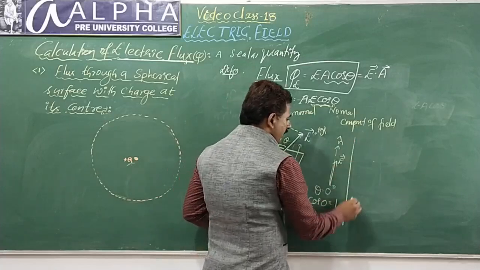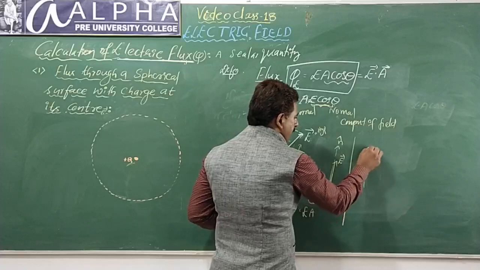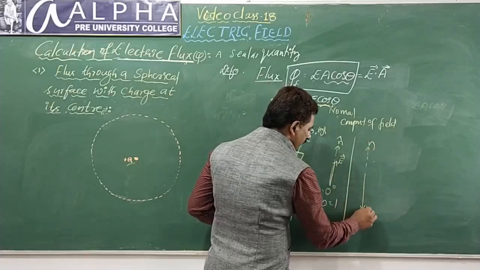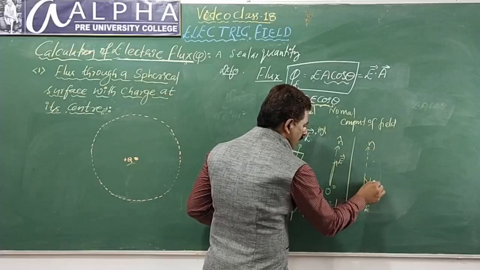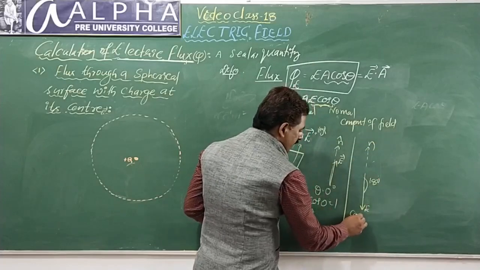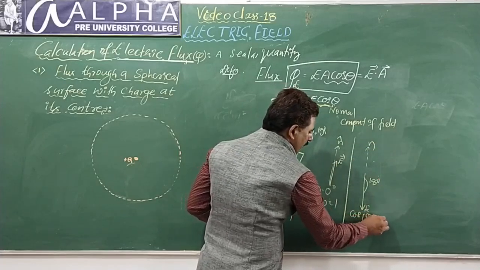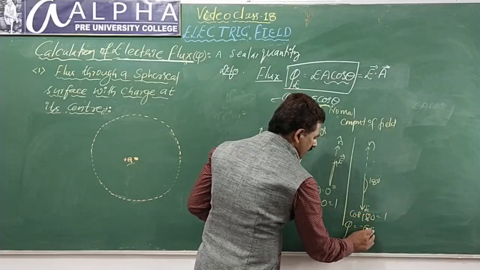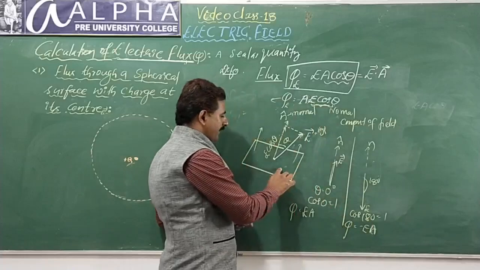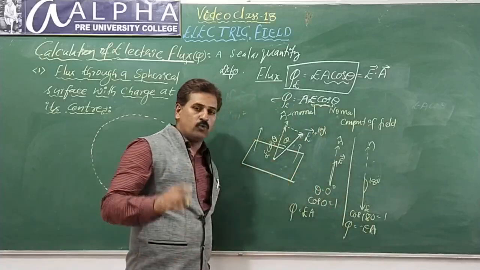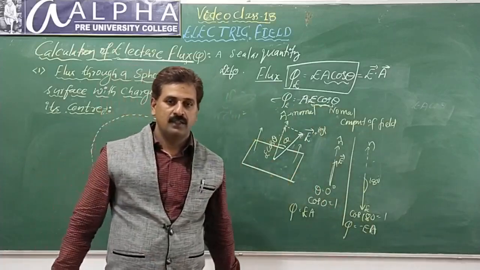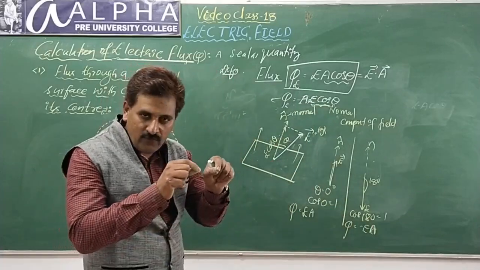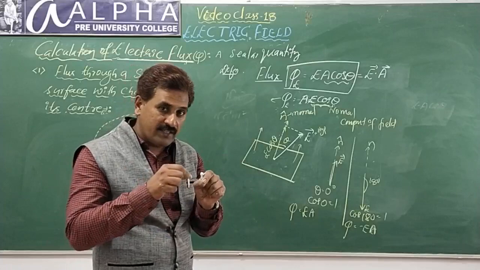Now, if the normal is up, like this, and the electric field is pointing down, E, what is the angle between them? 180. What is cos 180? Cos 180 is equal to minus 1. Therefore, the flux phi equals minus E into A, where A is the area and E is the value of the field at one point. Students, finally, what is flux? Flux, the electric field over an area you consider, which direction?